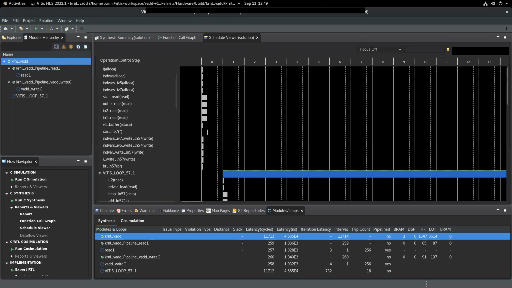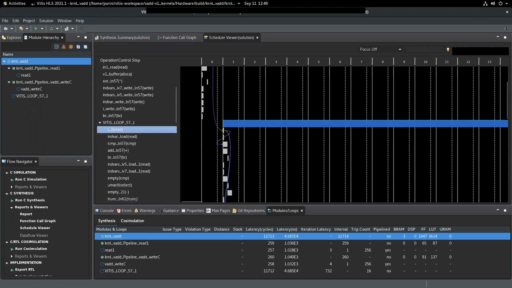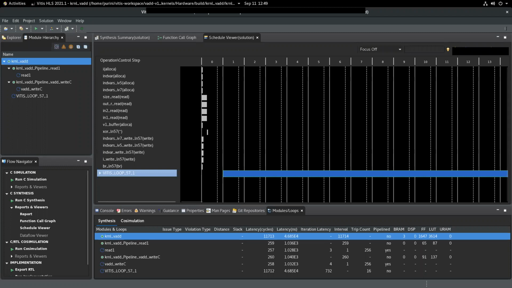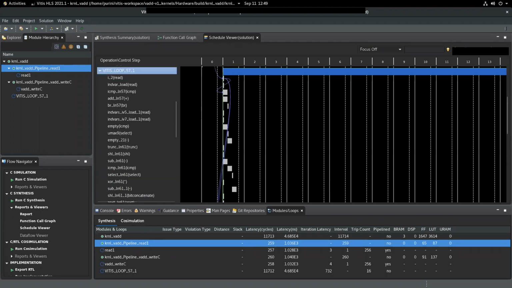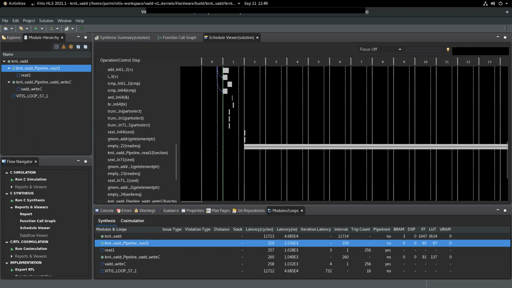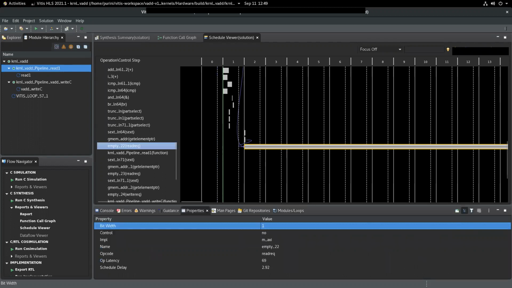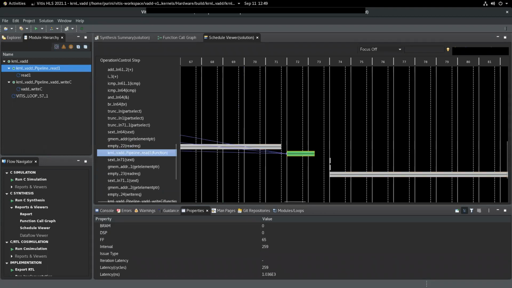So here, let's see. What is happening is, in the outer loop, before the kernel read, there are 71 clock cycles happening.